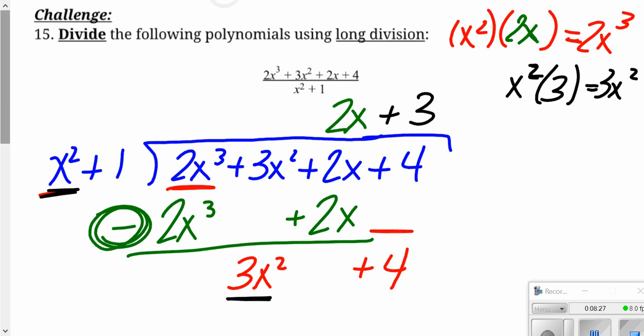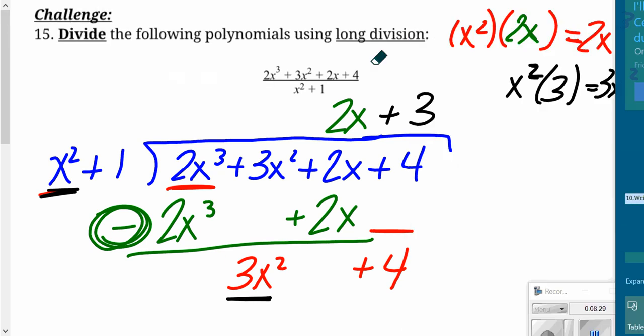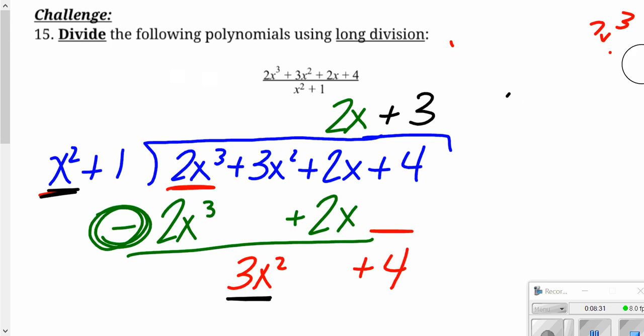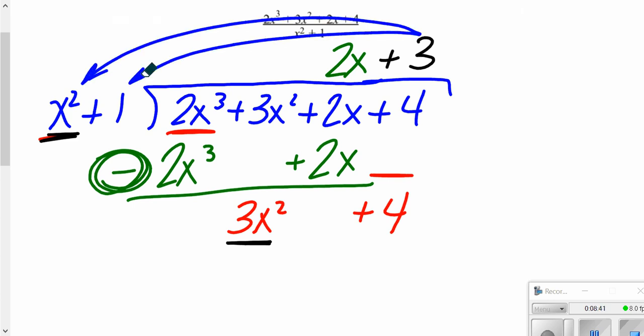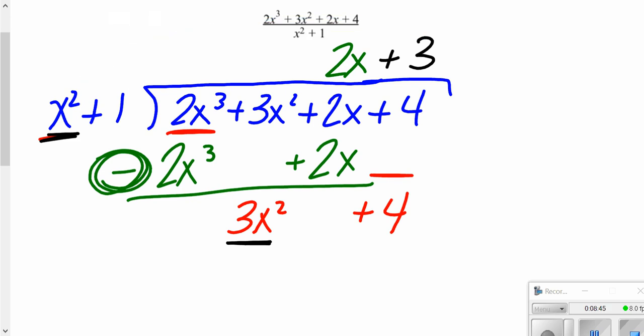And now I want to take that black pen 3 and multiply that by x squared plus 1 on the outside. Okay, so I'm doing this 3 times this, 3 times that. Okay, I'm just erasing those arrows so this doesn't get messy looking.